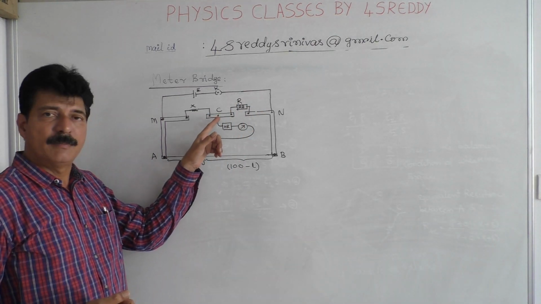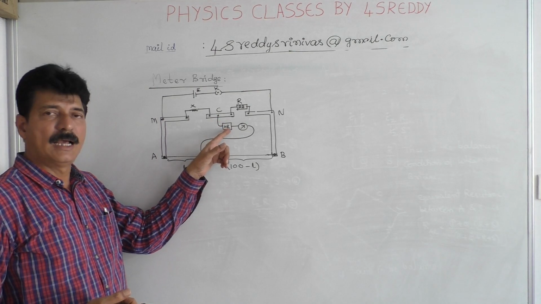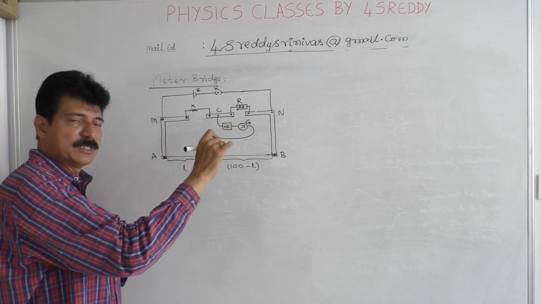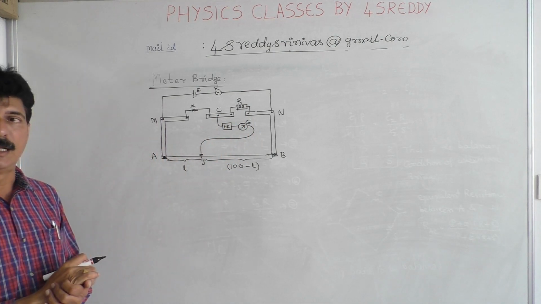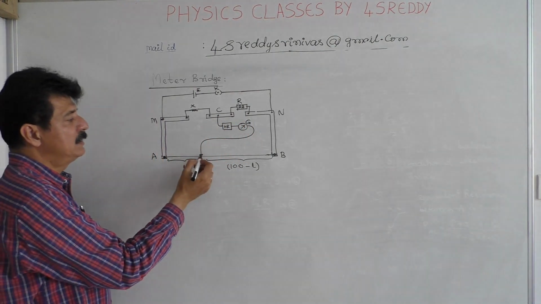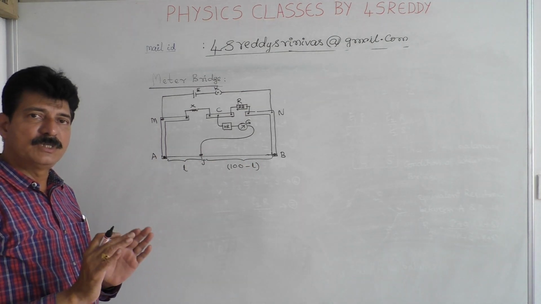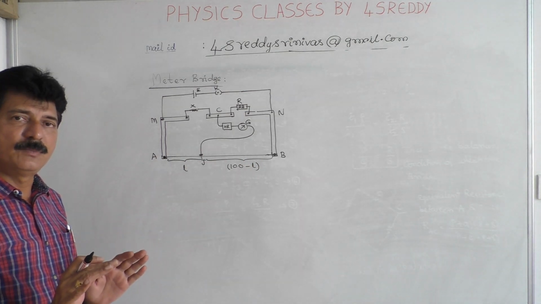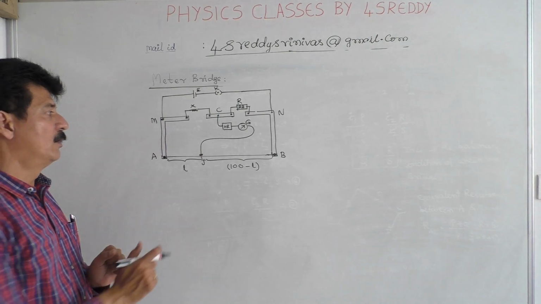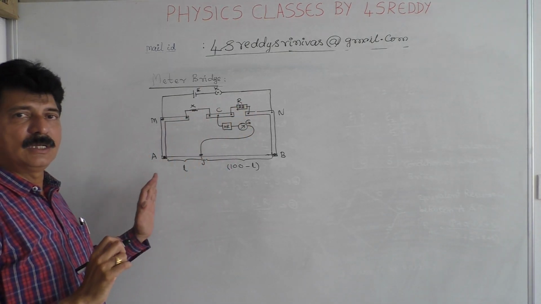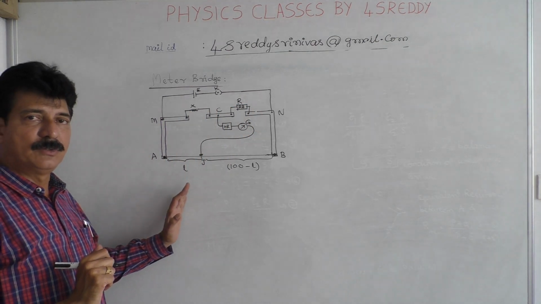The central part of the metal strip C is connected to a high resistance box, a galvanometer of resistance G, and jockey J are connected like this. Now whenever the jockey J is present at the terminals A and B, if you get opposite deflection, then the connections are said to be correct. Now, a known resistance is kept in the resistance box and the jockey J is slowly moved from left to right.